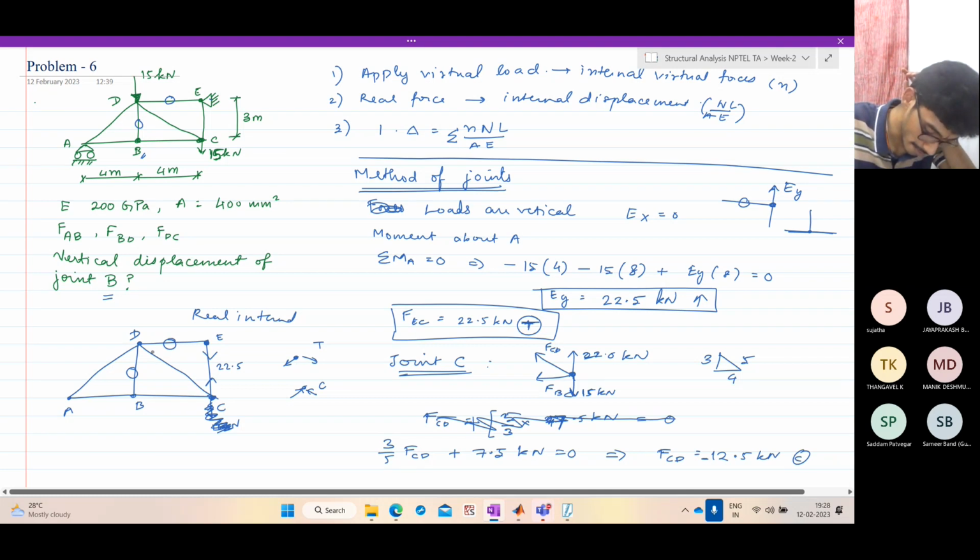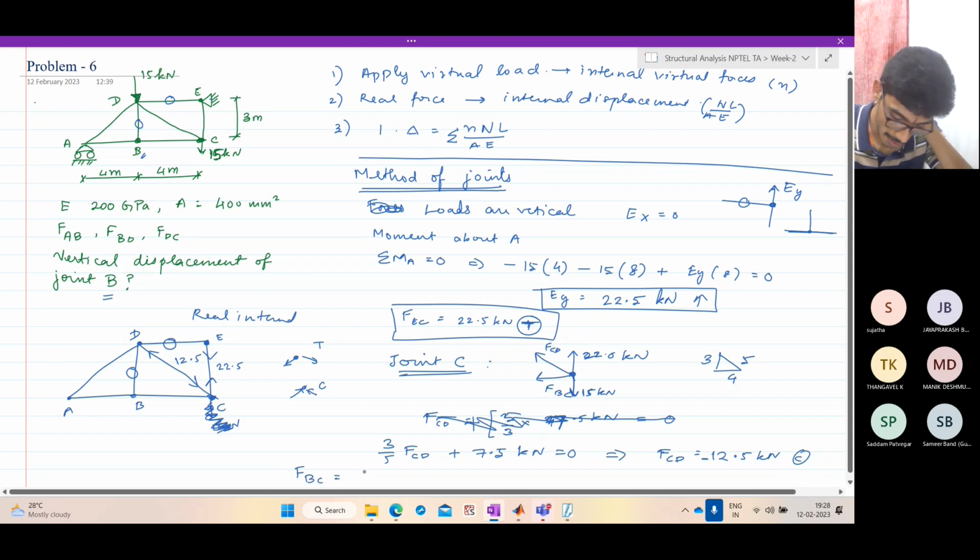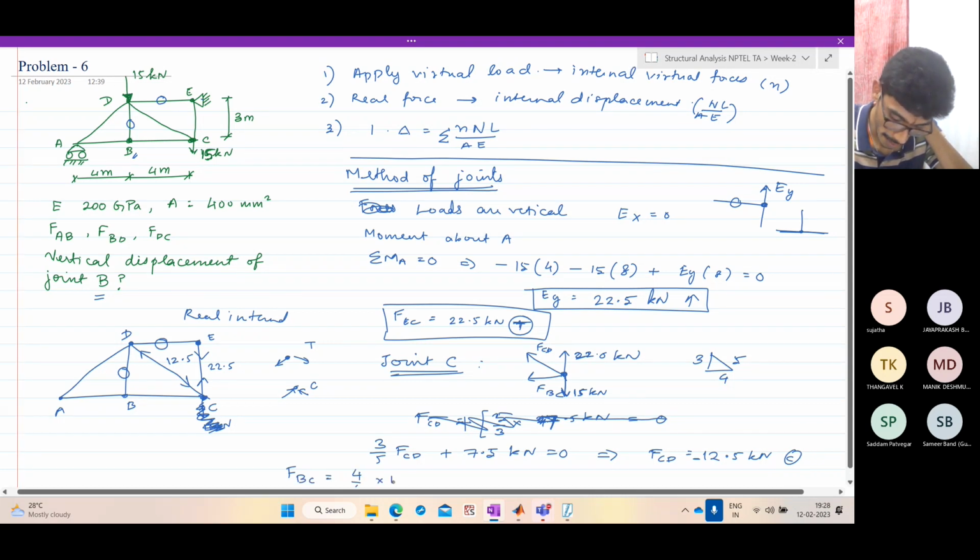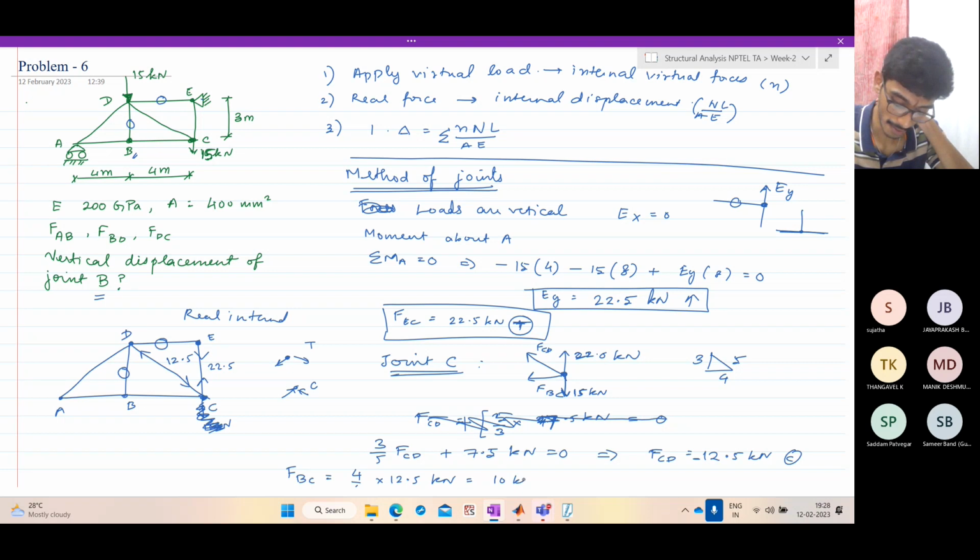So here we have 12.5. And enforce horizontal equilibrium. So you get FBC is 4 by 5 times 12.5. So how much is that? 10 kilonewtons. So this is 10 kilonewtons tensile.